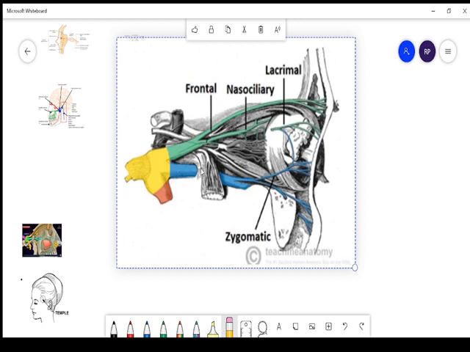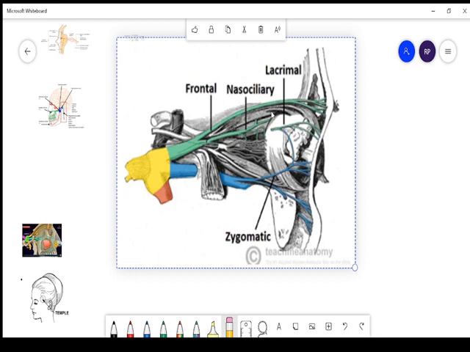The ophthalmic and maxillary divisions are both sensory, and the mandibular division is a mixed nerve. The ophthalmic division runs from the trigeminal ganglion through the middle cranial fossa and close to the lateral wall of the cavernous sinus, and then it enters the orbit through the superior orbital fissure and divides into three branches: the frontal branch, the nasociliary branch, and the lacrimal branch.